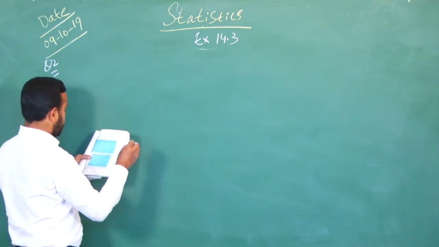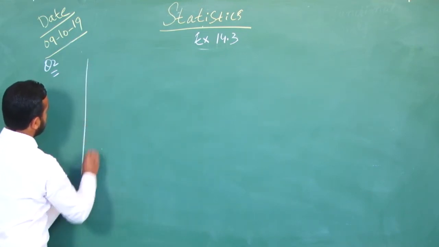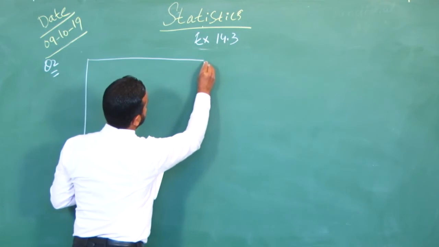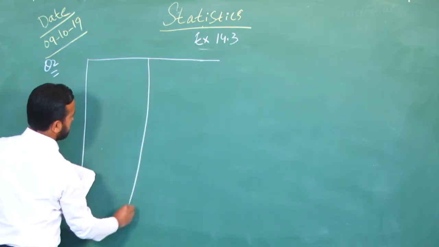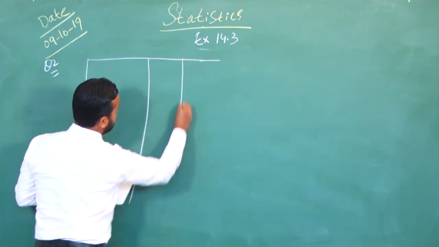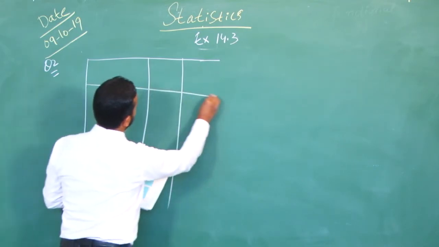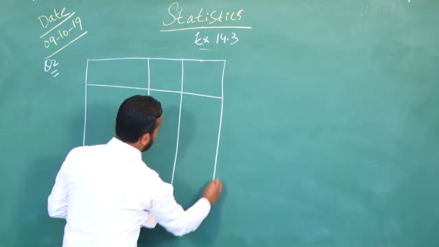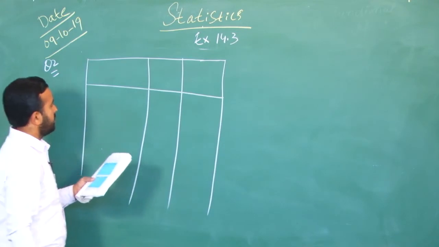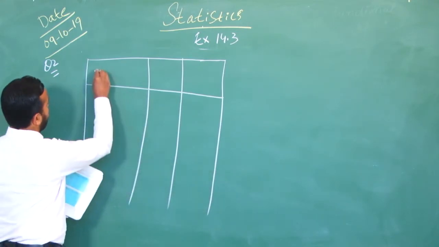We are going to write first the class intervals. Then in the second column we write the frequency, and then, as we know, we have to find the cumulative frequency in the third column.